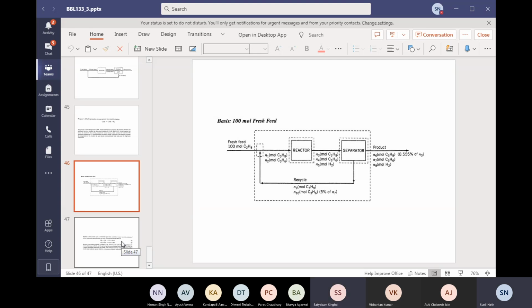So N9 can be found out by the product minus the reactor stream, like N6 minus N3. And N6 we know, like it's 5, from the 95% conversion. I suggest you first use the overall conversion, which you said is 95. Start with that. You will know how much C3H8 is in the product.